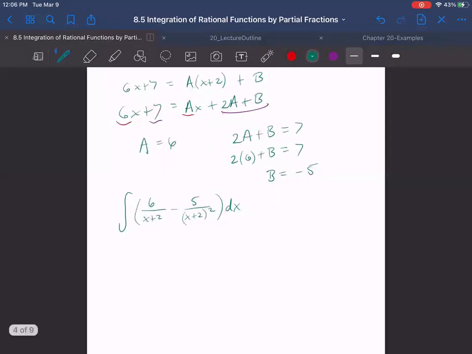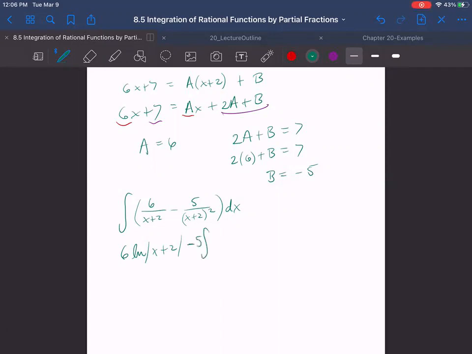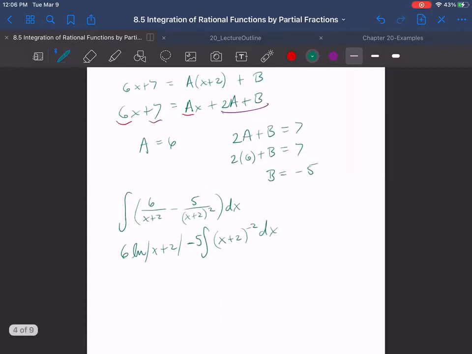So this becomes, the first one is just 6 ln x plus 2, right? But the second one, we have to still do minus this integral here. We can put our 5 out front. This becomes x plus 2 to the -2 dx, right?